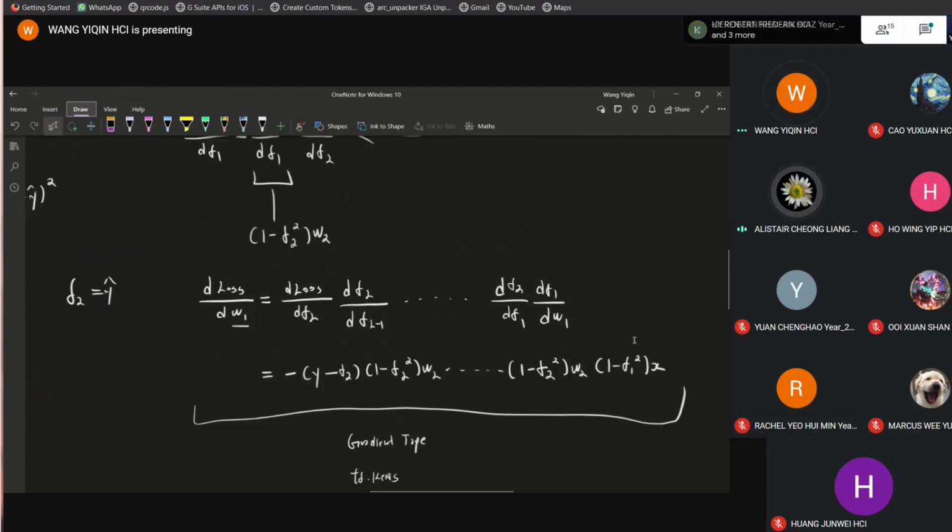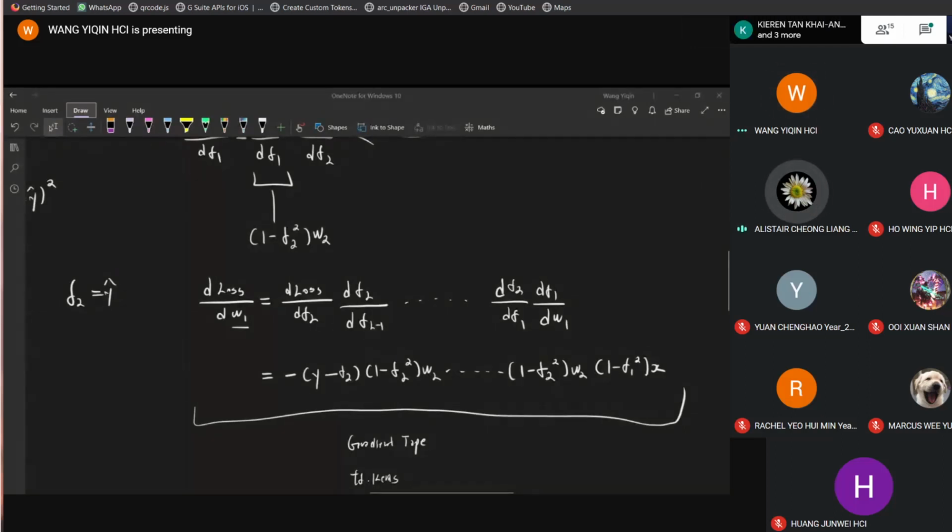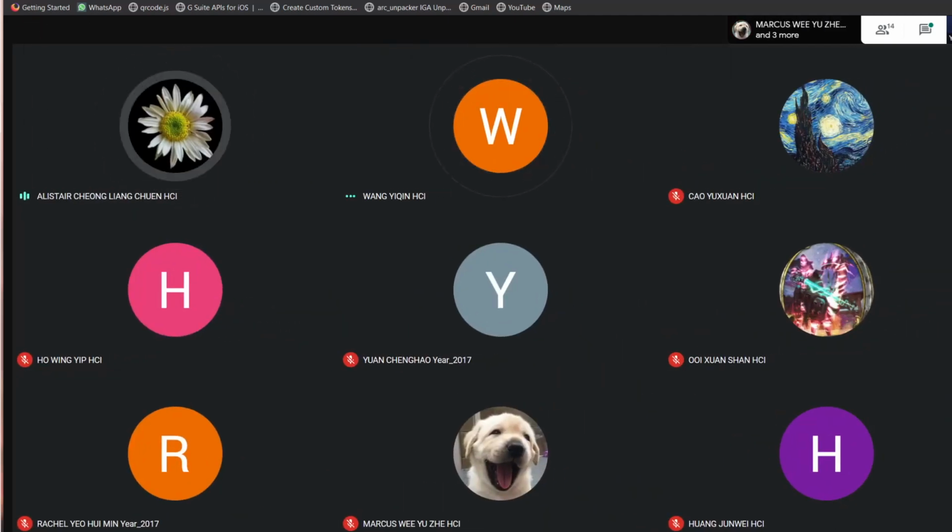Those that were in round 1 may recall that the paper that we threw to you guys was VGG, and one of our interview questions was what would happen if you were to keep on increasing the depth of the model. One of the results of the research paper said that if you have a deeper model, then you can get higher accuracy on the test set, because the universal approximation theorem states that with higher depth, you have higher representational power.